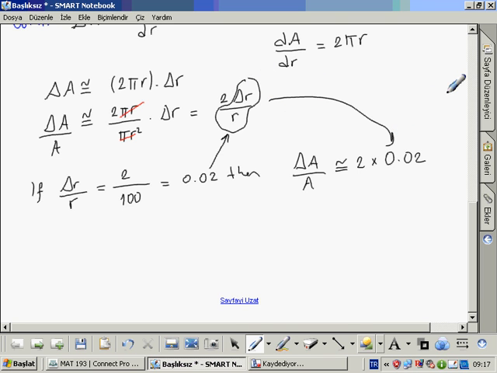After that we can say delta A over A is approximately equal to 0.04, which is 4 over 100, so the area changes approximately 4%.